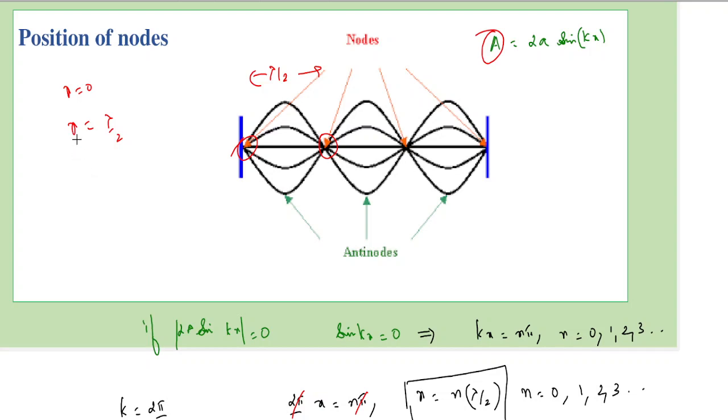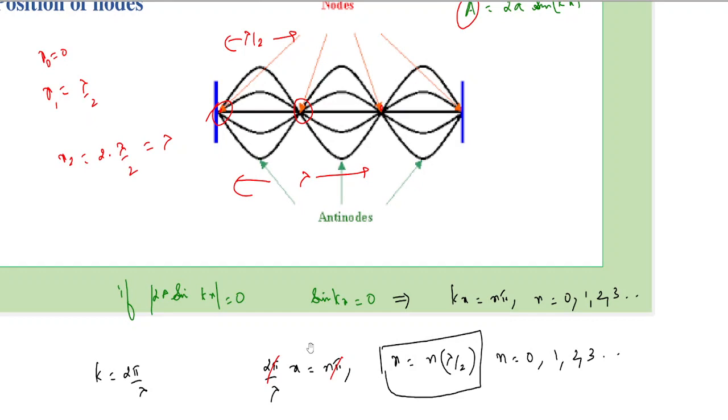Again, when x is equal to 2 lambda by 2, which is the same as lambda, that is from here to here, the distance is lambda. So at these points we get a node.